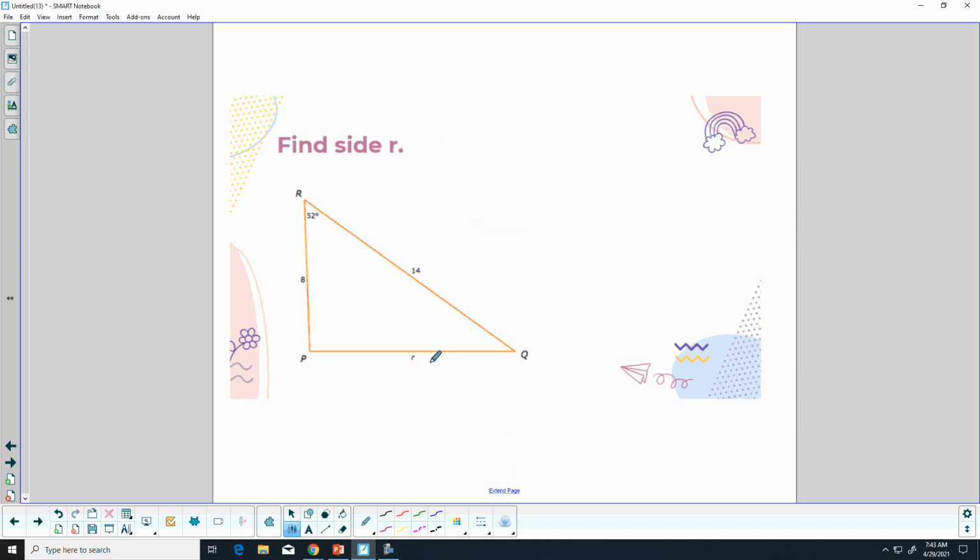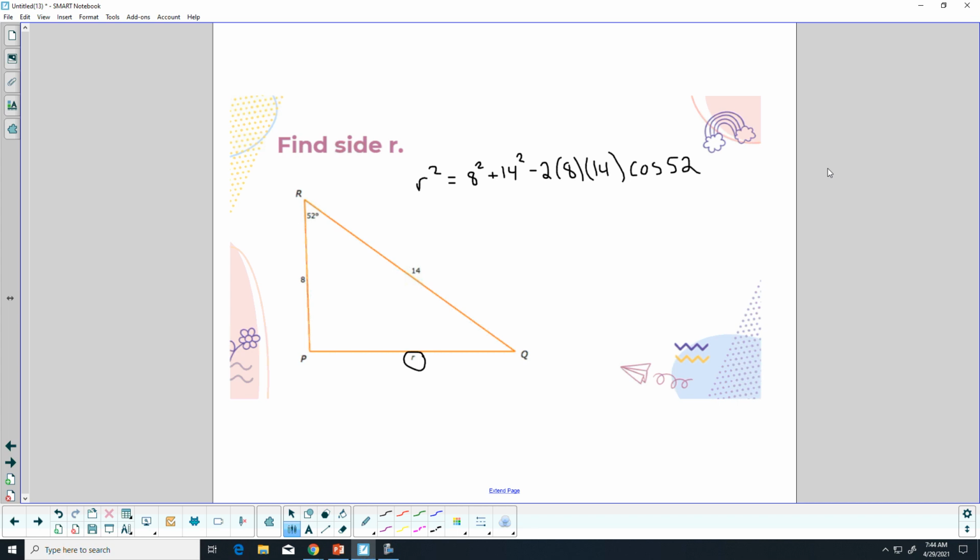Find the side of r. Again, I'm thinking that I'm going to have to use the law of cosines because I'm not going to be able to form any ratios. So r squared, and I know the angle opposite that, so that makes it easy. 8 squared plus 14 squared minus 2 times 8 times 14 cosine 52. And again, it just becomes calculator work at this point.